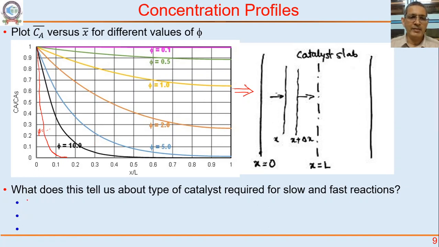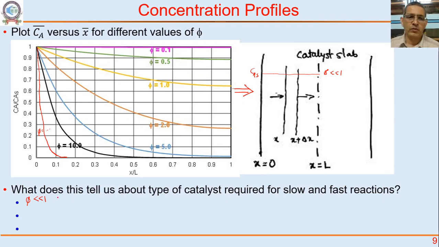If phi is far less than 1, what does it mean? The concentration profile is flat, CAS everywhere. Phi far less than 1. That means I require platinum or palladium to be uniformly distributed throughout the catalyst.